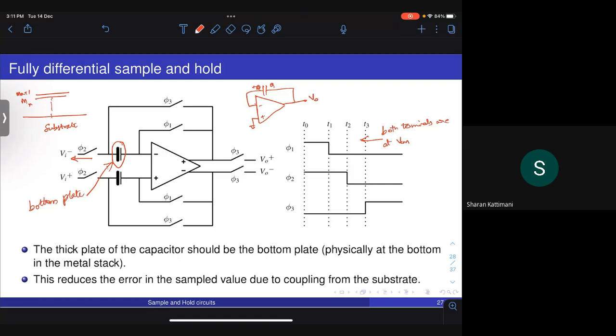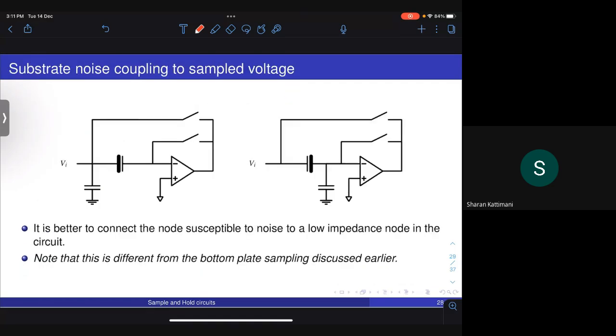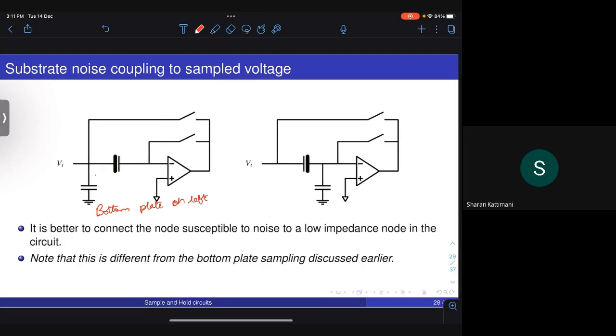Now, why is that so crucial? That is because if there is any noise in the substrate, which will definitely be there if there are many circuits operating in the vicinity, that noise basically gets coupled to the output node of the amplifier.